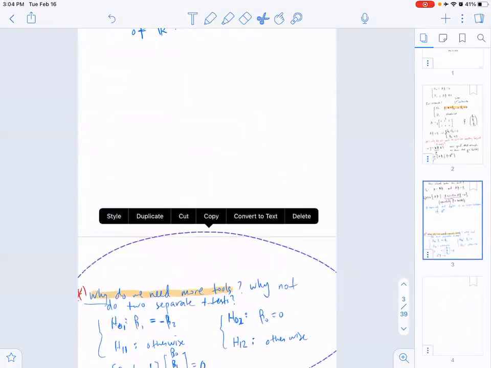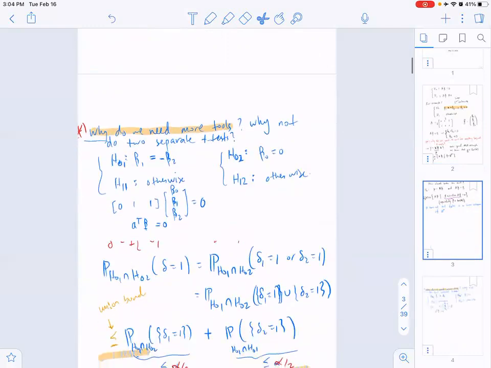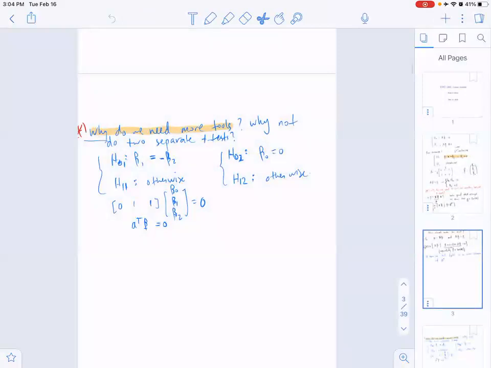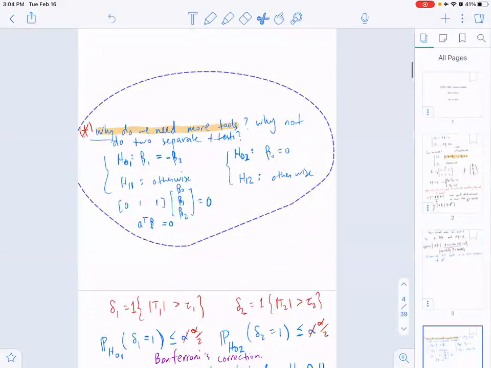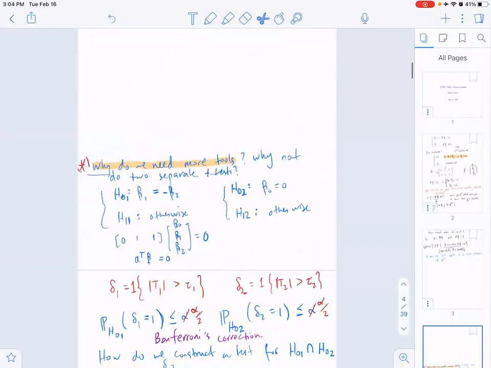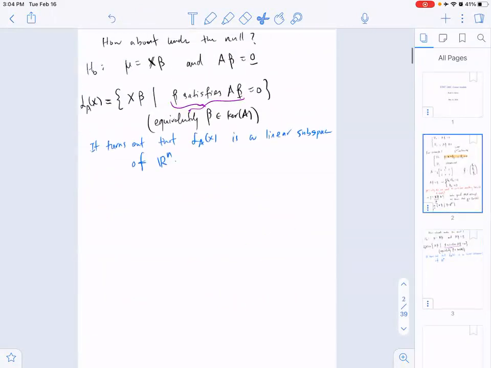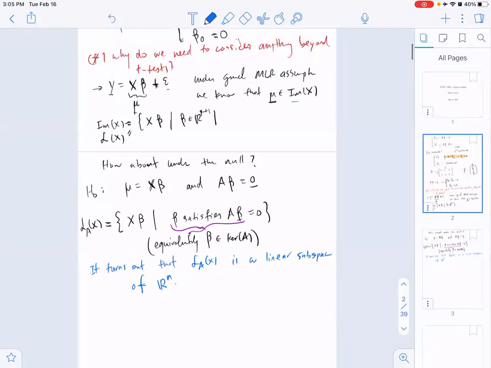Anyone remembers? Is it similar to the column space? The column space is a linear subspace. Okay, Avery has the right answer. Yes, so this image is a subspace.